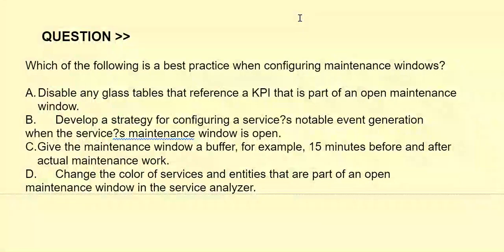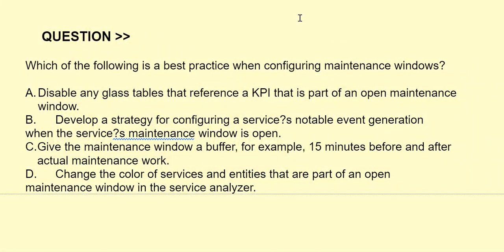Our next question is, which of the following is the best practice when configuring maintenance window? Option A, disable any glass tables that reference a KPI that is part of an open maintenance window. Option B, develop a strategy for configuring a service notable event generation when the device maintenance window is open.